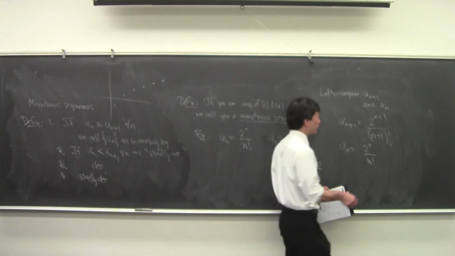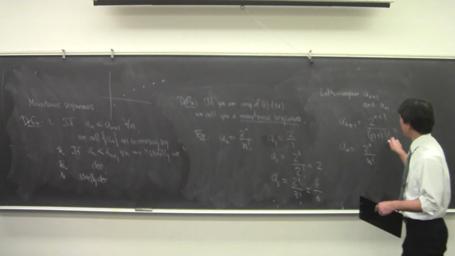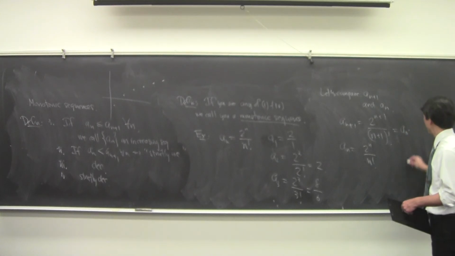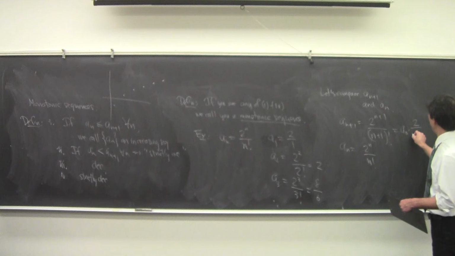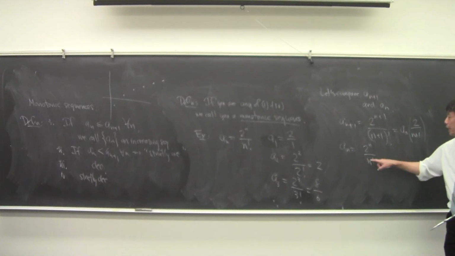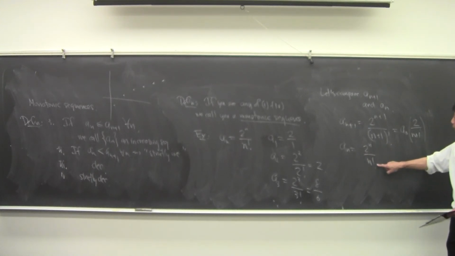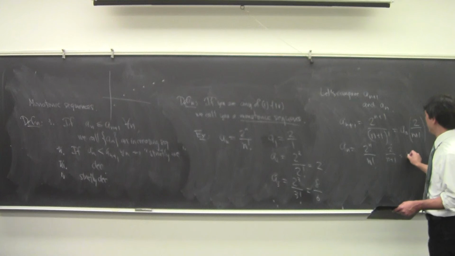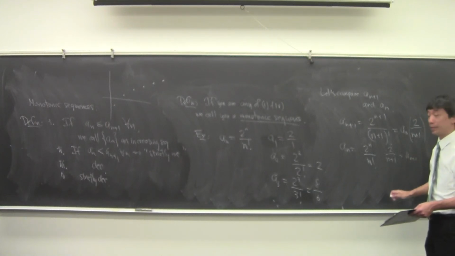And so you see that a sub n plus 1 is a sub n times 2 over n plus 1. If I multiply this guy by 2 over n plus 1, I get a sub n plus 1, right?